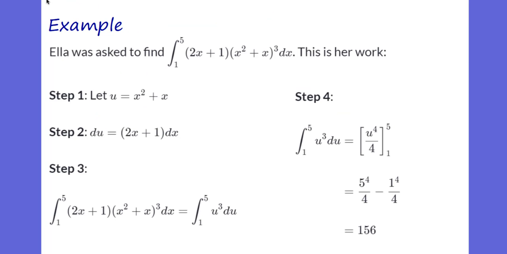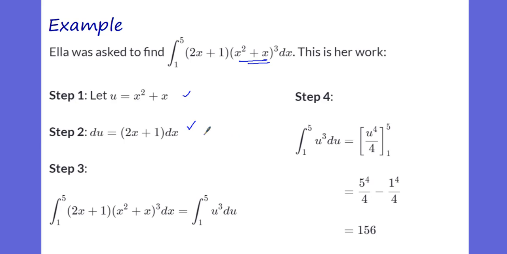So sometimes the AP likes to do questions like this, where Ella was asked to find this value, and this is her work. And we're just trying to find out where did she maybe make a mistake, if any. And so you can see, we're going to let u be x squared plus x. I like that. That's a really good thing that she did first. Then we're going to take the derivative. The derivative of u is 2x plus 1 dx. That works out as well.